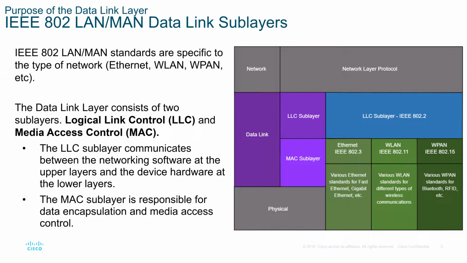And the MAC, or the media access control sublayer, where it connects directly to the physical, where the actual physical connections take place. The logical link control sublayer communicates between the networking software at the upper layers and the end device hardware at the lower layers.